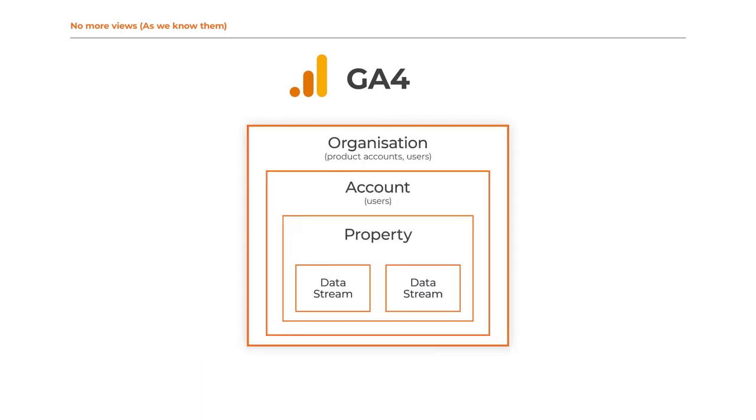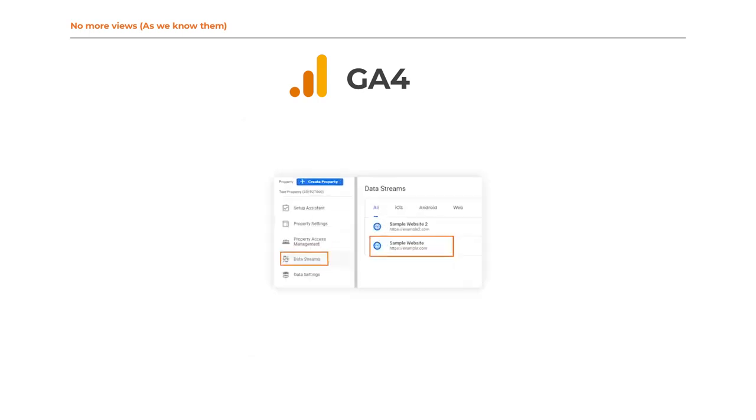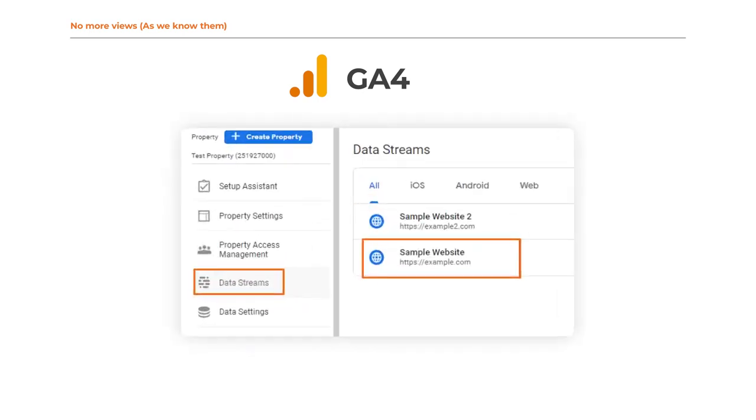With the absence of views, Google has replaced those with data streams. With streams, you can create a stream for all your website traffic, another stream for, say, all your app traffic. The data streams are at platform level, so you can do it at iOS, Android, website level and all that.